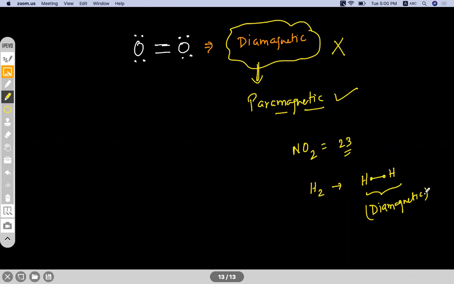Whether you place it in a magnetic field or in an electric field, it won't experience any force. It won't get deflected from its path. So according to VBT, the oxygen molecule is diamagnetic, but experimentally it has been proved that it is paramagnetic, because in the presence of a magnetic field, it gets attracted towards the magnetic field. Are you understanding this?